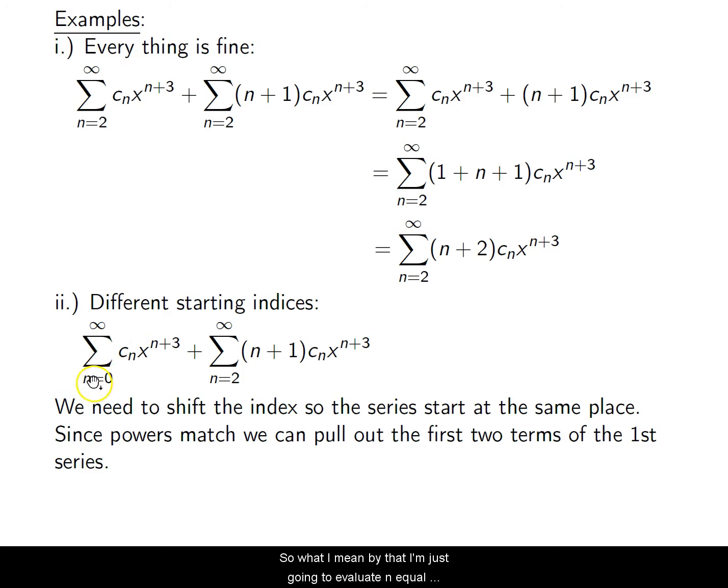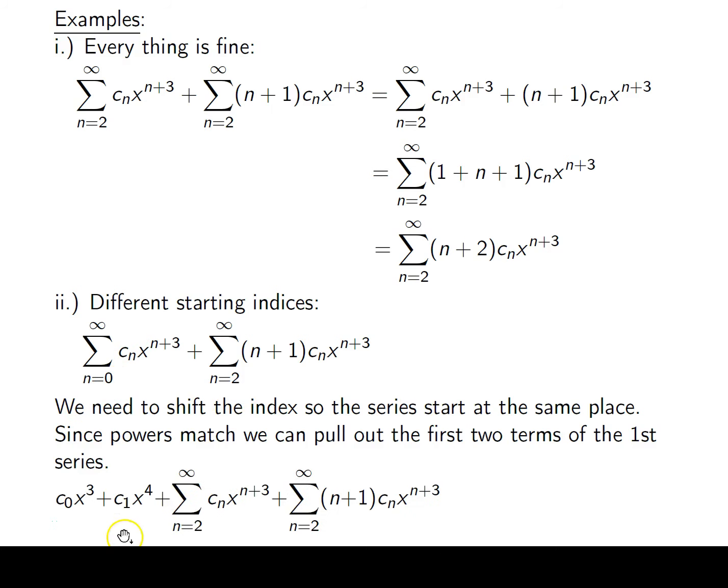What do I mean by that? I'm just going to evaluate n equals 0, and n equals 1, and then I can add from n equals 2. So 0 gives C0 x cubed, 1 gives C1 x to the 4th, and now this will start at n equals 2.